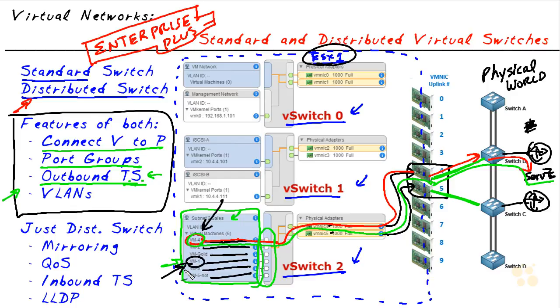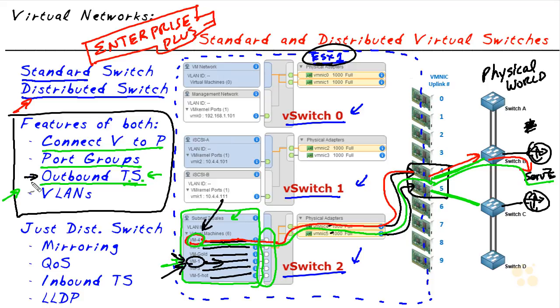Maybe VM1 is sending so much traffic out from the VM that it's causing congestion and it's impacting the network performance of the other VMs in the environment. So what we could do is implement traffic shaping, which says I only want to allow this much traffic per second as that traffic goes outbound from the virtual machine and into the switch. It would put an upper limit on the maximum amount of traffic that virtual machine could send outbound, leaving that virtual machine going into the switch. And so a distributed switch and a standard switch both support outbound traffic shaping as a feature.